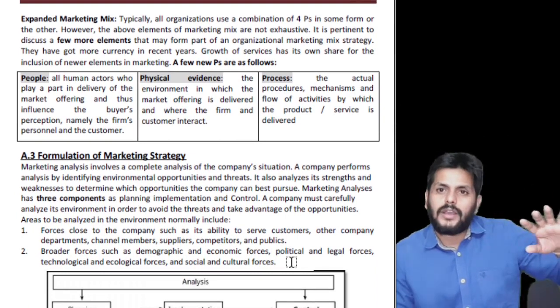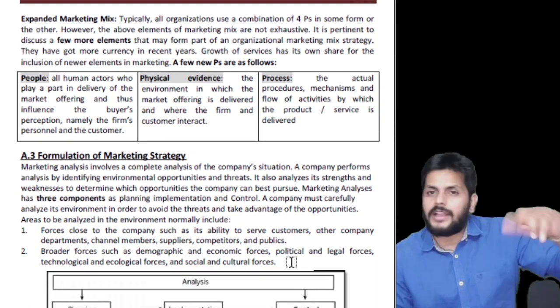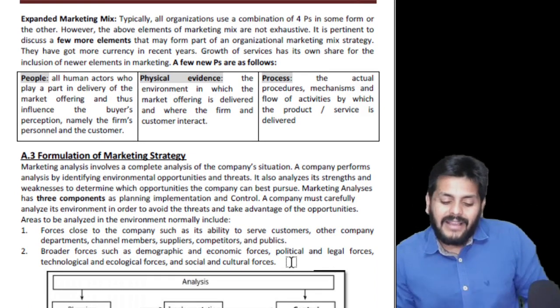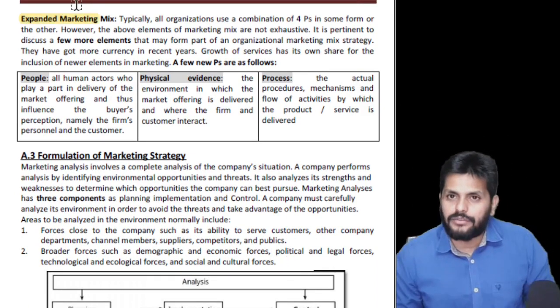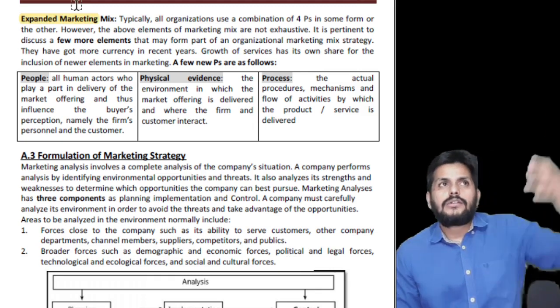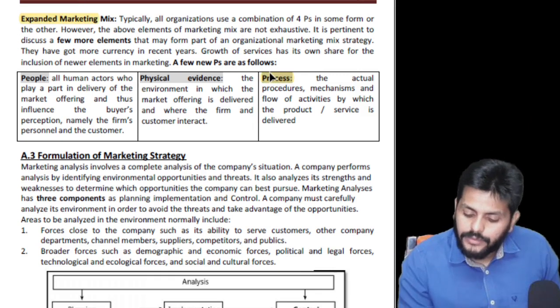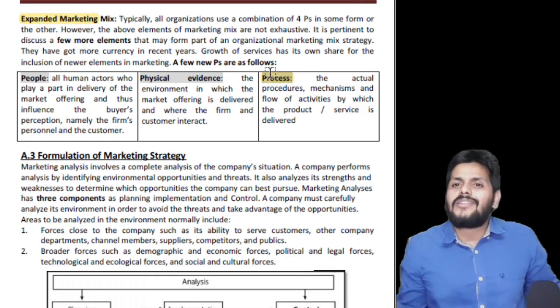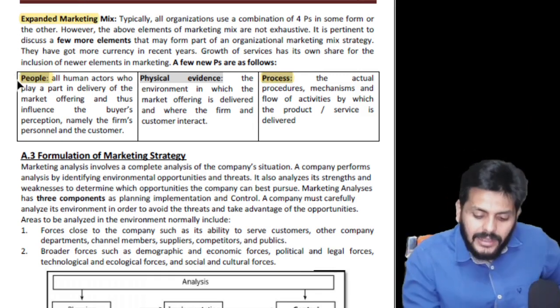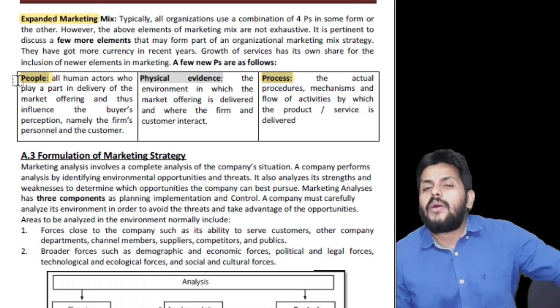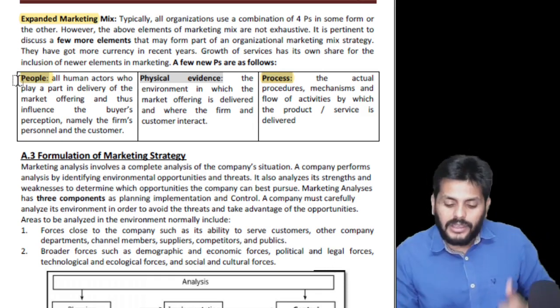Along with those 4 P's that you saw now, which are product, price, place, and promotion, we have something called as expanded marketing mix. Guys, to do all of this, should we follow a sequence of steps? And that is what is called process. And end of the day, who does all this? People. Without people, how will you be able to do all of these steps that you're talking about?